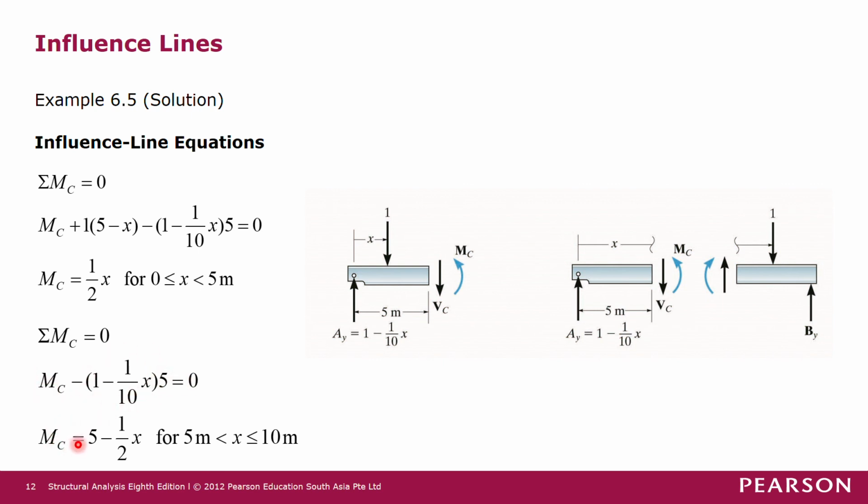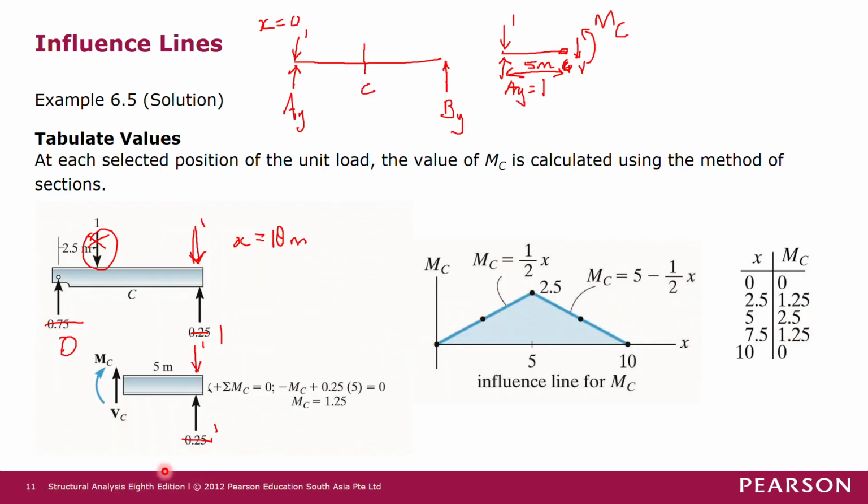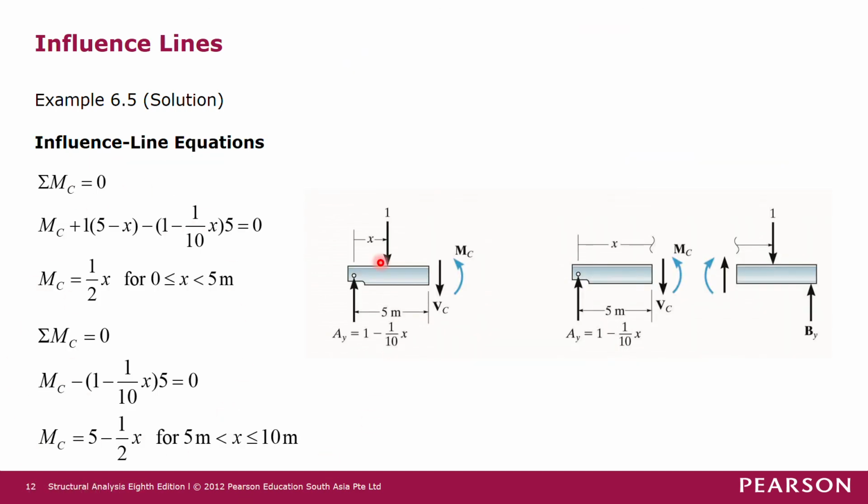So we get MC equals 5 minus 1 over 2 x, for x of 5 meters to 10 meters. So when x is 0 to 5, MC is half x, and when x is 5 to 10 meters, MC is 5 minus half x, as we have solved from here.